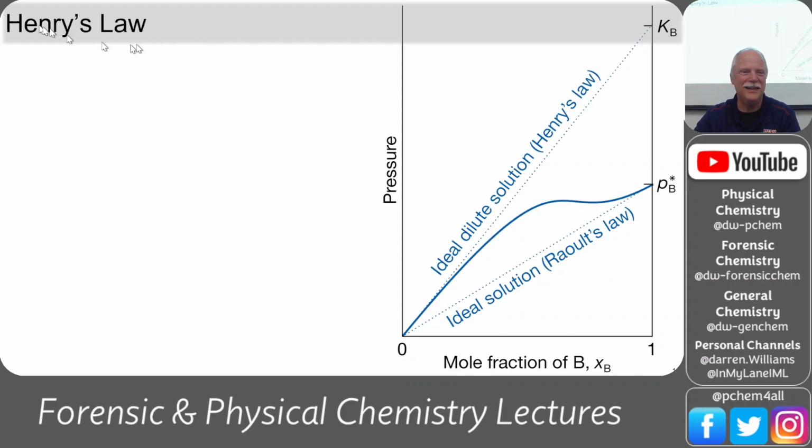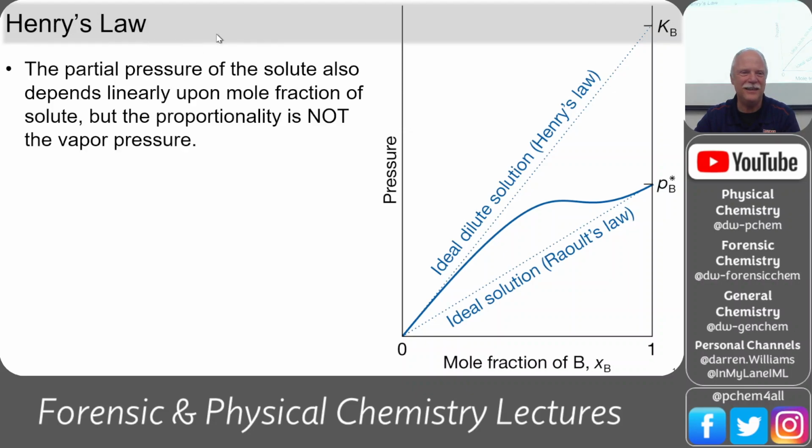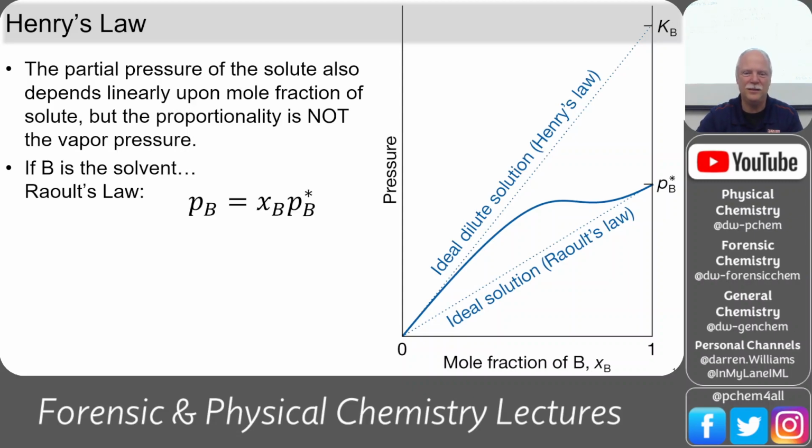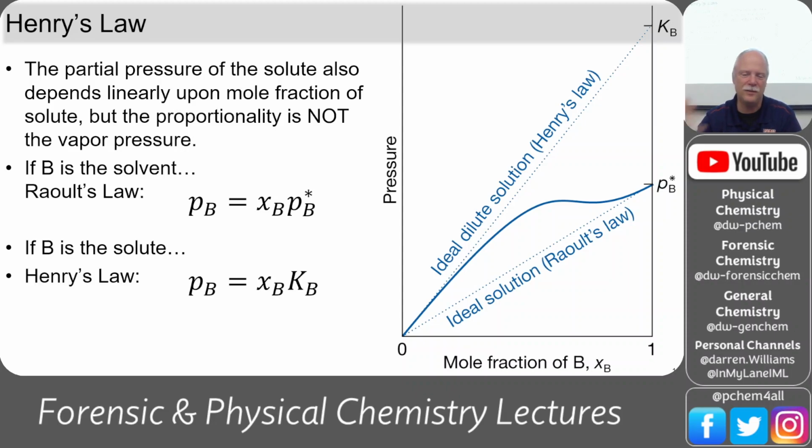So Henry's law: the partial pressure of the solute depends linearly upon the mole fraction of the solute, but the proportionality is not the vapor pressure. If B is the solvent, then this is Raoult's law. If B is the solute, then we use Henry's law. Those are the equations I wrote on the previous slide.